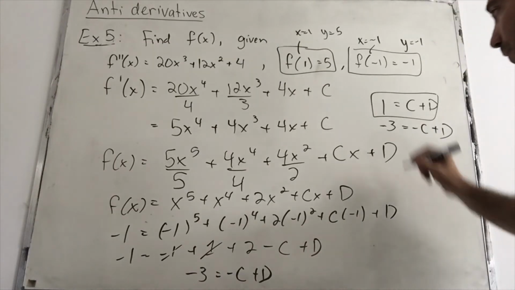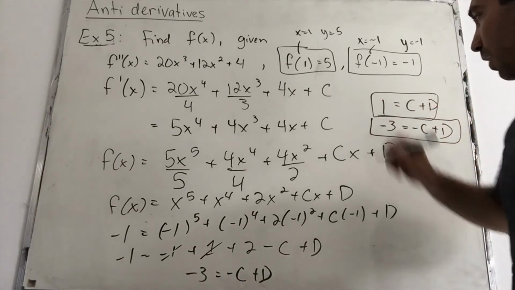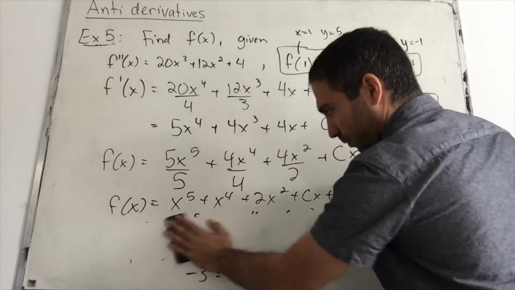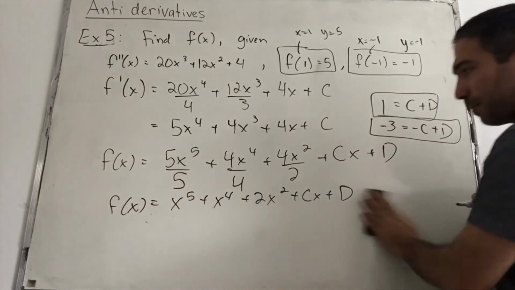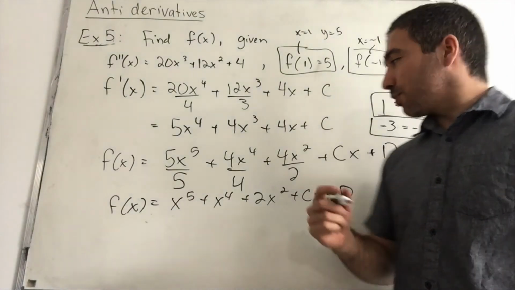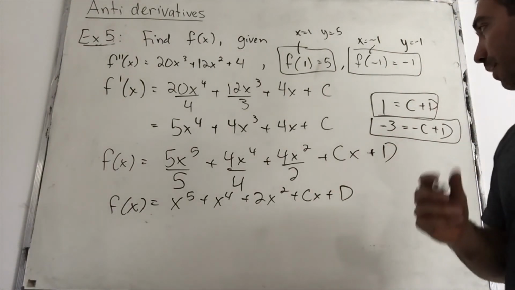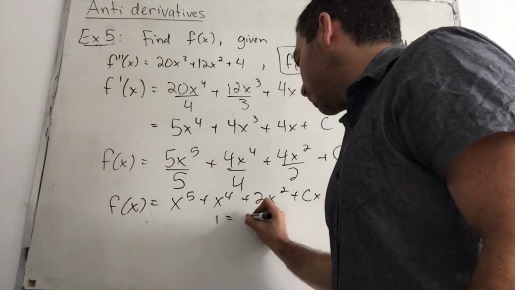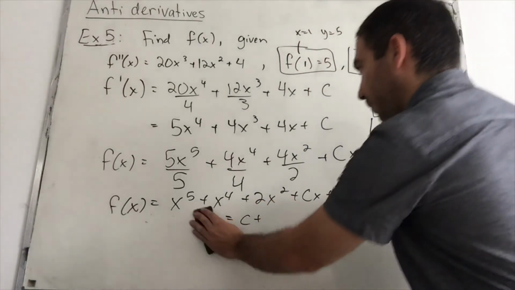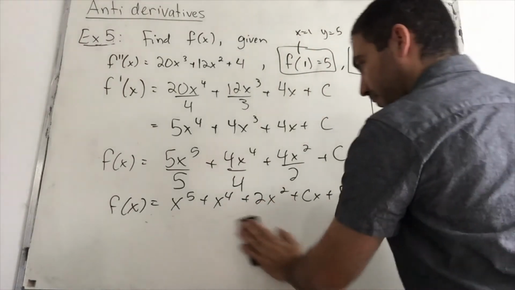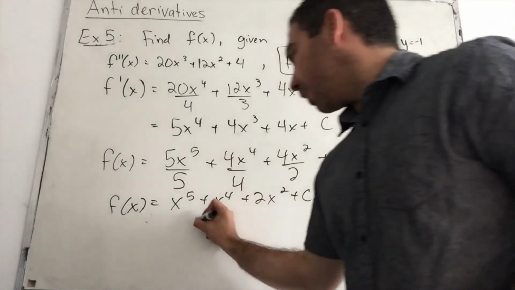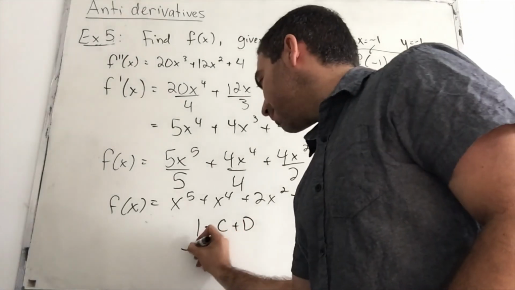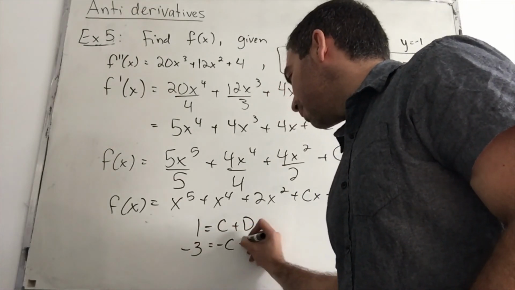There's different ways to solve this. You can use elimination method, substitution, or even comparison method. I think the easiest one here to do is probably elimination method. Seeing that you have 1 equals c plus d, we have 1 equals c plus d, and then we have negative 3 equals negative c plus d.